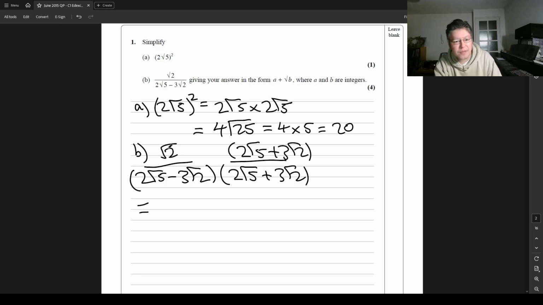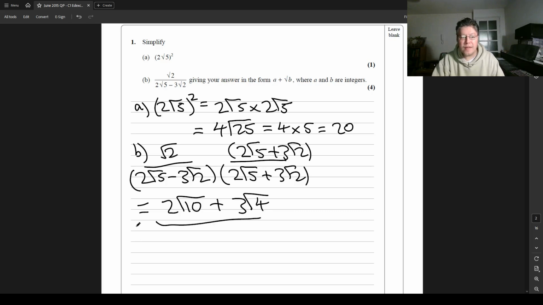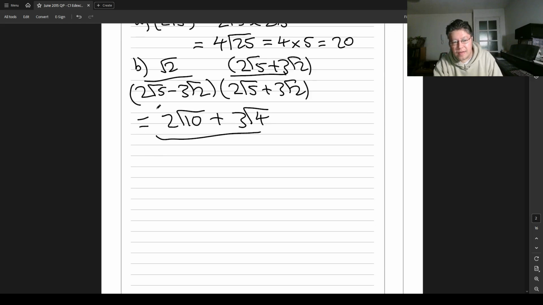So we'll do the top first. Root 2 times 2 root 5 will be 2 root 10, since you multiply the root 2 and the root 5 to get root 10, plus root 2 times 3 root 2, that will be 3 root 4. That's all over the bottom: the first term, 2 root 5 times 2 root 5, gives 4 root 25.